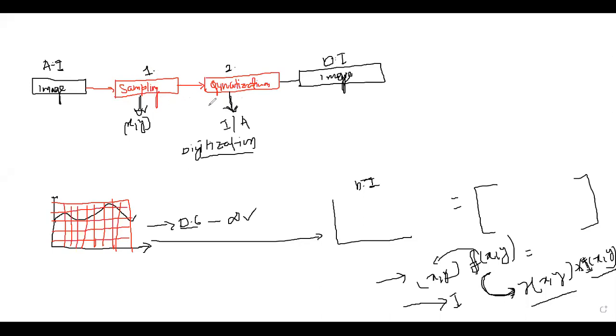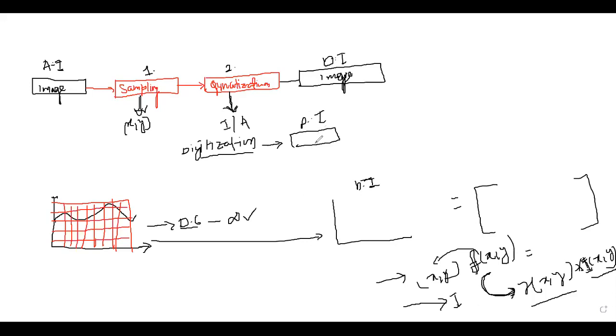Once you perform these two steps, your analog image will be converted to a digital image. So why do we need digitization? Because we cannot store an analog image in a digital computer. To store the image in a digital computer, I require a digital image. That is why we require digitization.